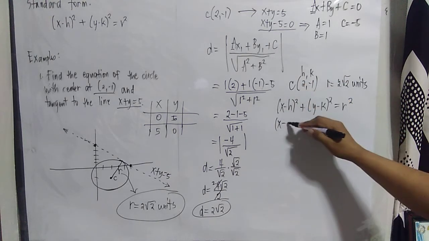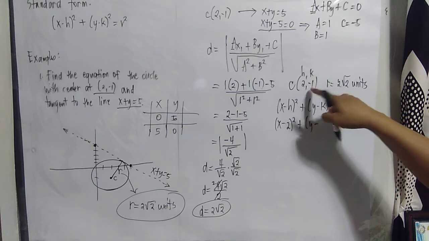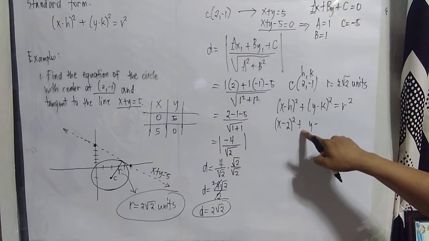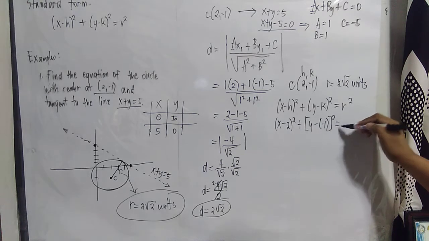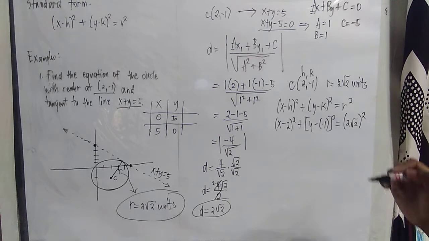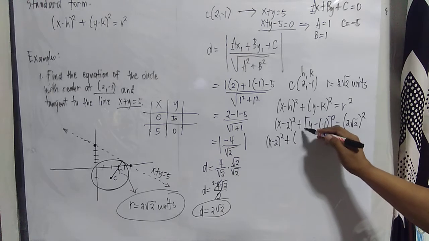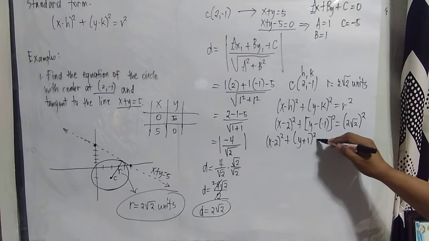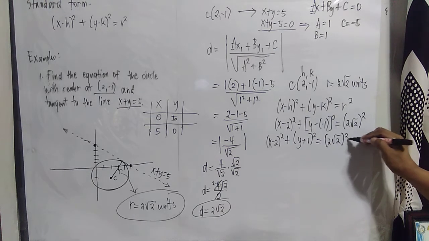So h is 2, squared, plus y minus our k, which is negative 1. So we have to change the parentheses by this one. Negative 1 squared equals our r, which is 2 square root of 2, squared. So we have (x minus 2) squared plus (y, negative times negative is positive 1) squared, is equal to (2 square root of 2) squared.